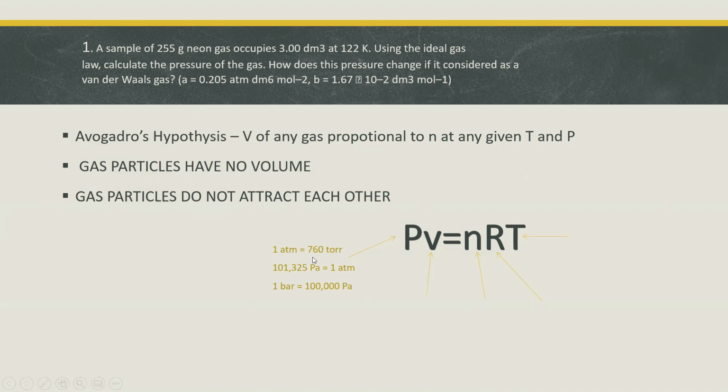Now, pressure. We have atmospheres, torrs, pascals, bars, and they can all be worked out from each other. We haven't been given the pressure yet because obviously we need to work it out. So we'll look at the rest of the equation. If you look in the question, we've got 3 decimeters cubed, and that's one of the measurements.